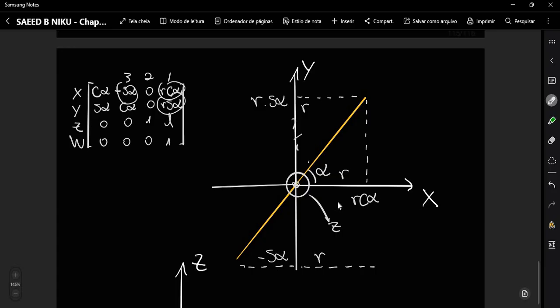But where is the end effector? Where is the end point of the vector? Because now we have this sense of position and this sense of position.